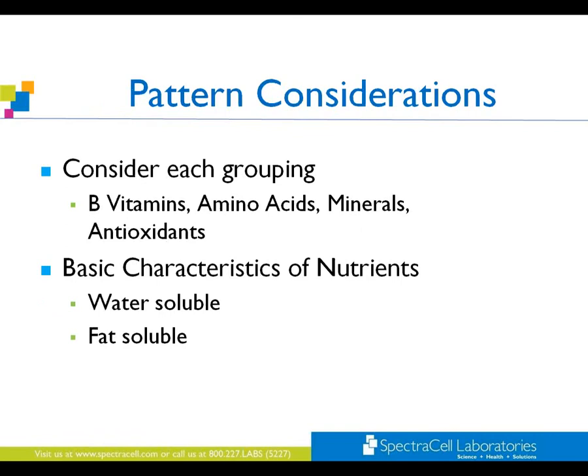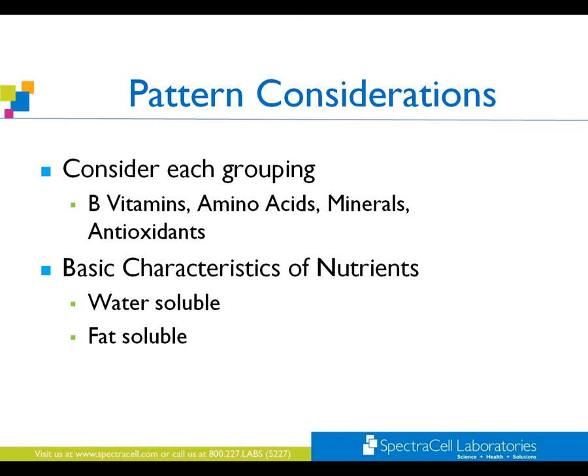Now, some of the considerations we want to make with looking at these patterns: I recommend starting with the patterns that are already established for you on the reports themselves. When we look at these groupings, you're going to see that the initial grouping in the graph section is going to be your B vitamins. From there, you're going to move into your amino acids and metabolites.